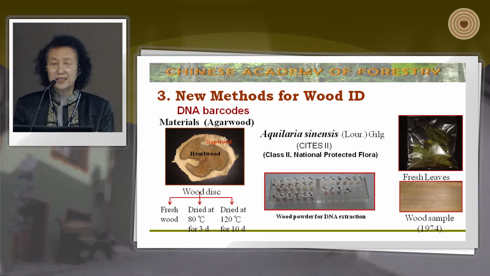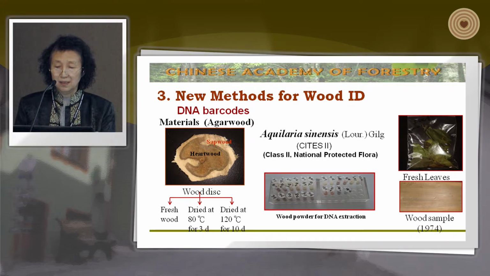Now in our academy, we use the DNA barcoding method. The experimental material is agarwood. As I just told you, Aquilaria sinensis is a Chinese species. It is controlled by CITES and is our national protected plant class 2.